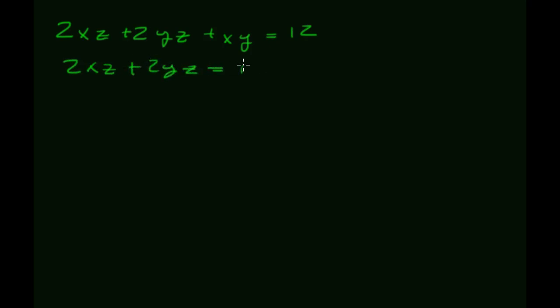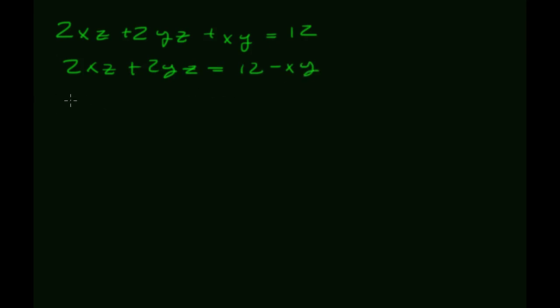Okay, so we're going to start with our constraint. Our constraint tells us that 2xz plus 2yz plus xy has to be 12. Well, this means that I can move that xy over there, so 2xz plus 2yz has to equal 12 minus xy.